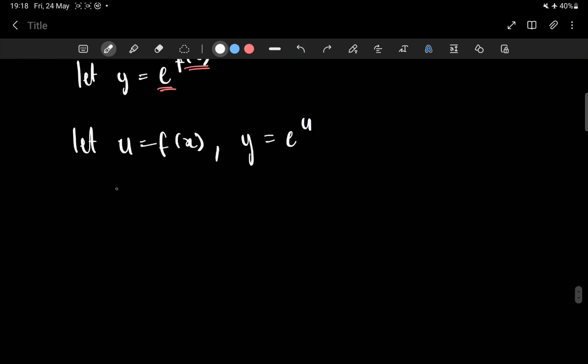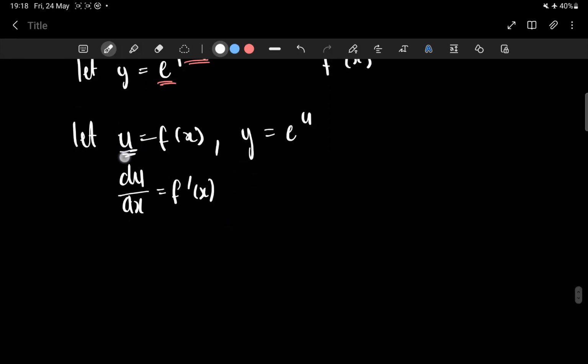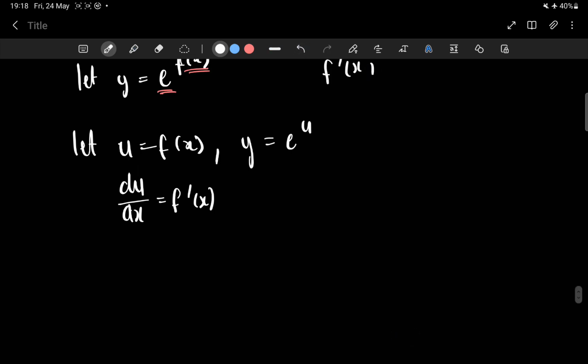And then how would we differentiate it? We would say du dx is equal to f dash x. Remember your notation: if you have f of x, the derivative will be f dash x. So if I differentiate u, I'm going to get just f dash x. And then what about y?